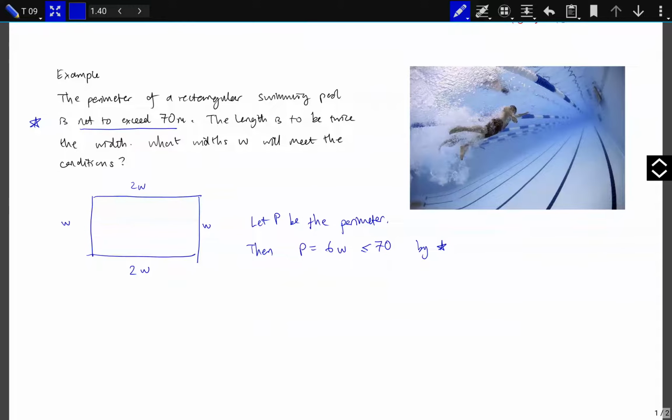And of course, there's actually secretly another one. Also, W has to be positive. We actually want an actual swimming pool. Therefore, W bigger than 0 and W is less or equal to 70 over 6. If you want to combine them, you can write W bigger than 0 and less than or equal to 70 over 6, and it's in meters.